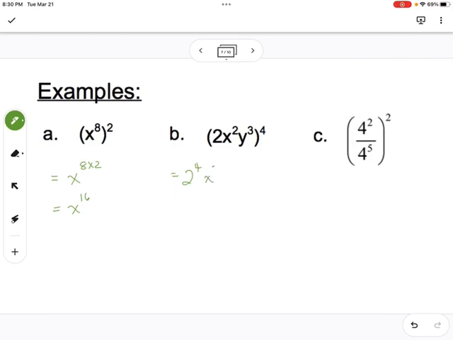So x, 2 times 4, and y, 3 times 4. So 2 to the exponent 4 is 16. And then we have x to the exponent 8, y to the exponent 12.